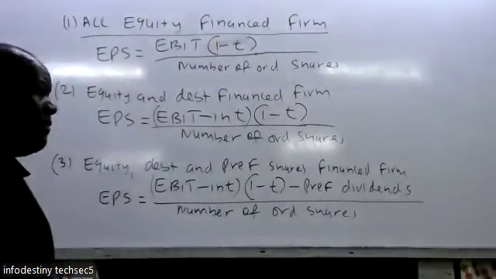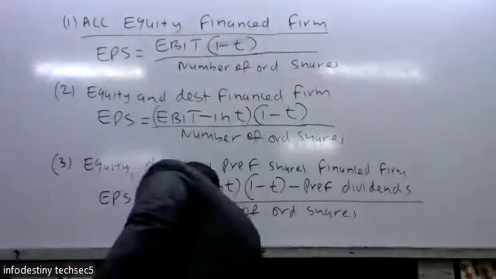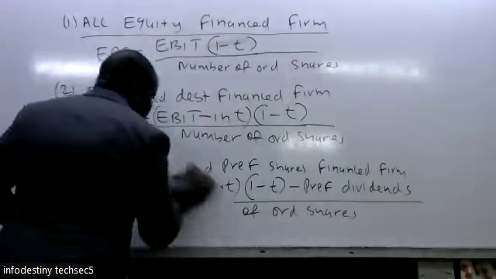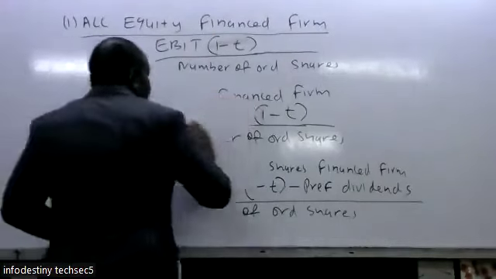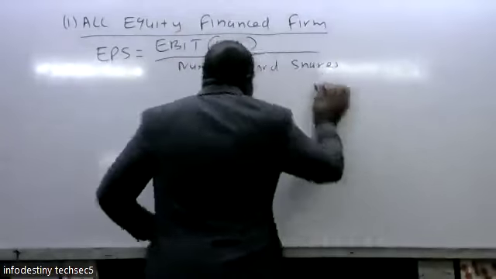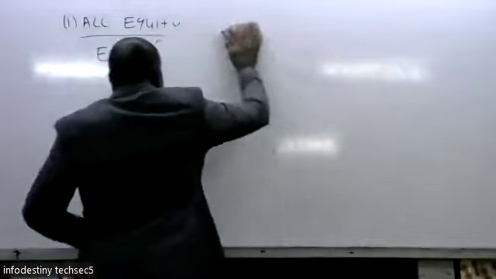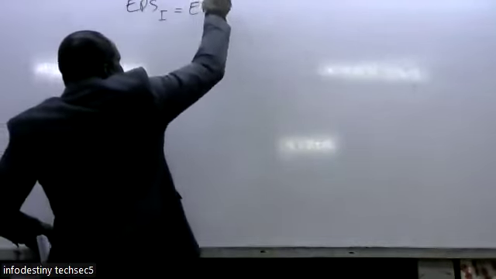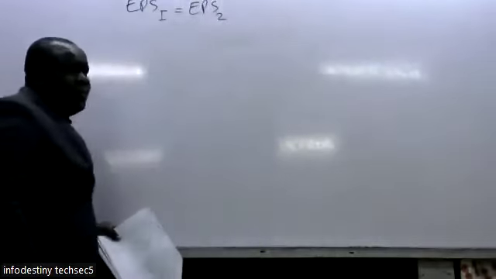So what we should now come up with is that at the point of indifference, earnings per share for option 1 must be the same as earnings per share for option 2.